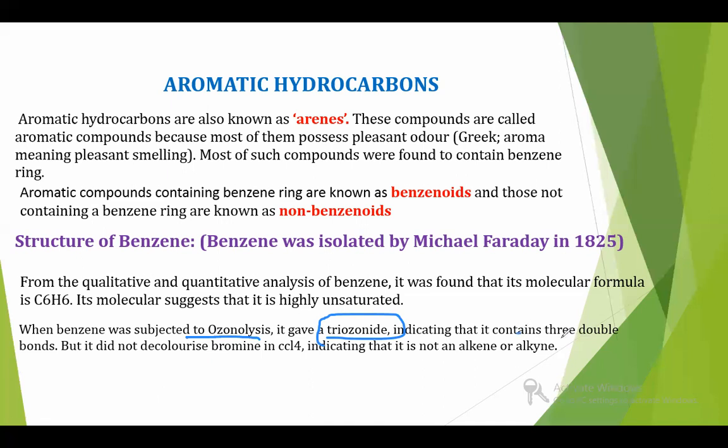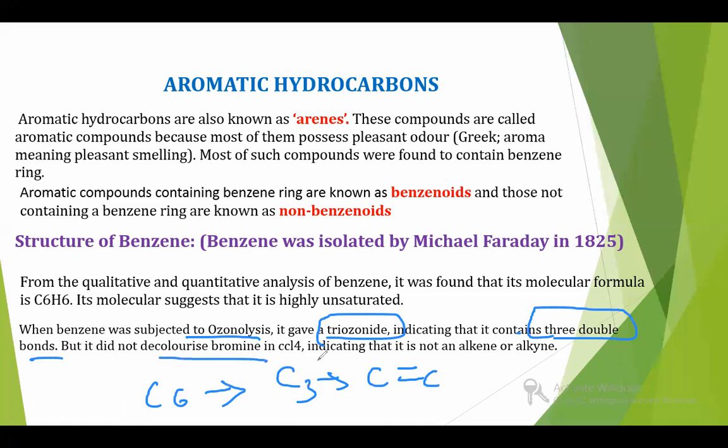It indicates that it contains 3 double bonds, so out of the 6 carbons, 3 carbons are consisting of carbon-carbon double bonds, but it did not decolorize bromine.